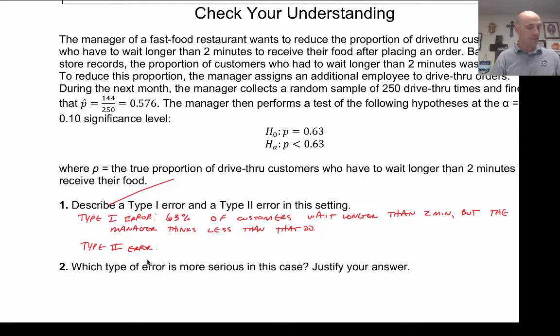We make the wrong decision. So the type 2 error would be actually less than 63% wait longer than 2 minutes, but the manager thinks it's 63%.